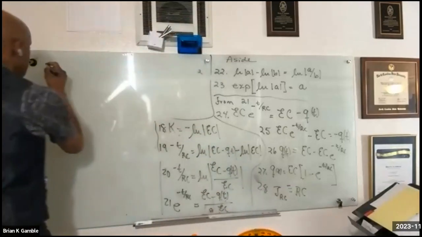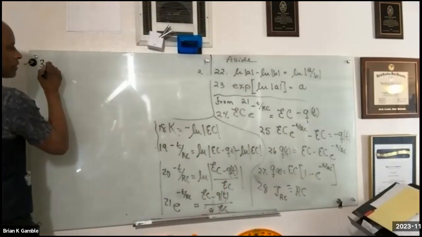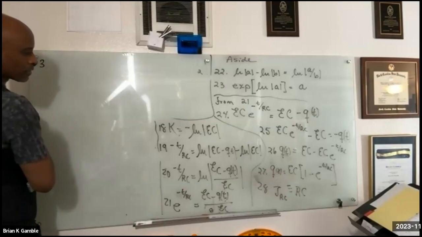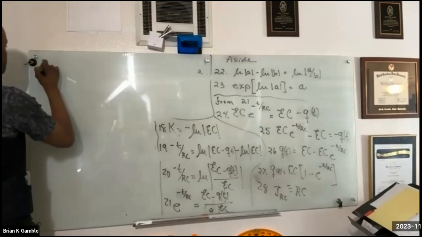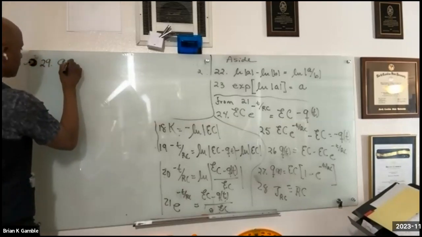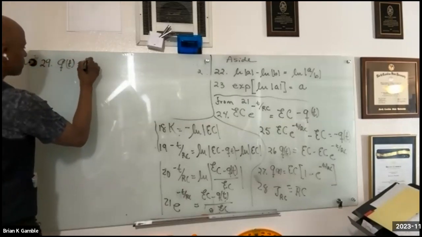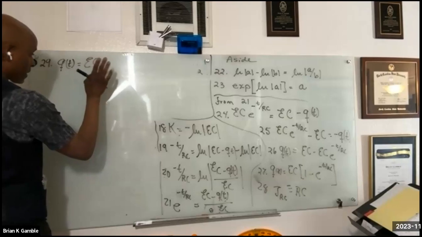So my full differential equation, my solution, is, and I've already erased the differential equation, didn't I? Yeah. But so 29, my solution Q of t is going to be equal to basically the maximum charge on the capacitor, which is the voltage of the battery times the capacitance, making sense.